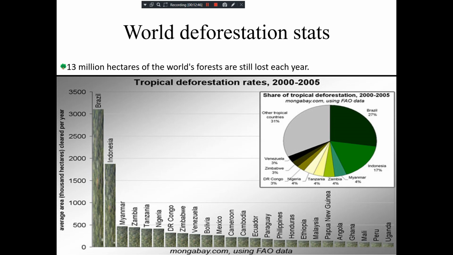This is the tropical deforestation rate from 2000 to 2005, see here the average area cleared per year. The average area cleared per year in Brazil and Indonesia is very high. You can see, fortunately, in India nowadays, the forest clearing is very, very less.